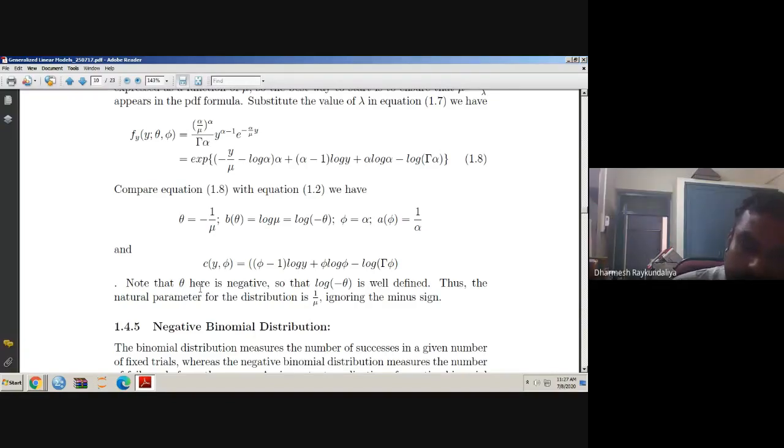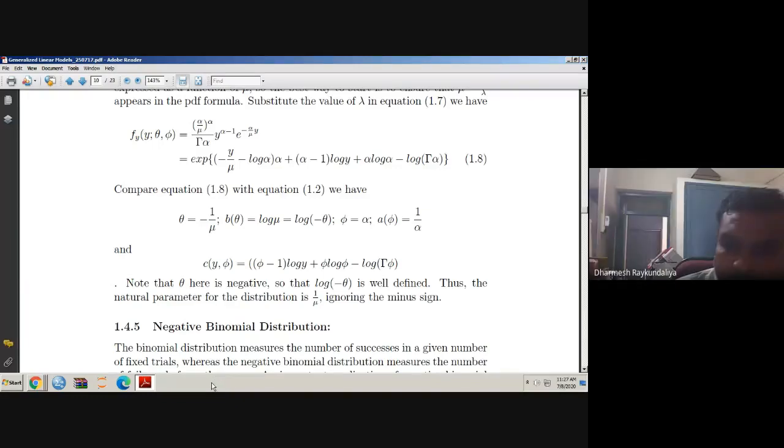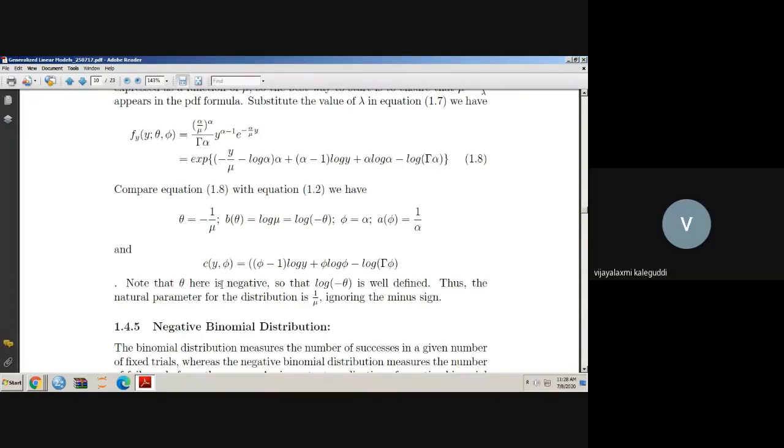If we consider here minus log, there will be a minus sign, it is missing, so minus log minus theta. If you take the derivative with respect to theta, what will you get? You will get minus 1 by theta. And minus 1 by theta equal to mu. And what about the second derivative, b double dash theta?